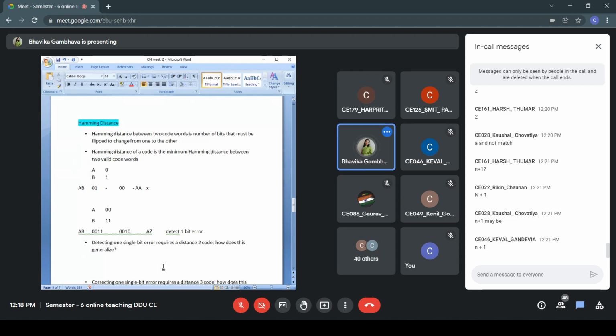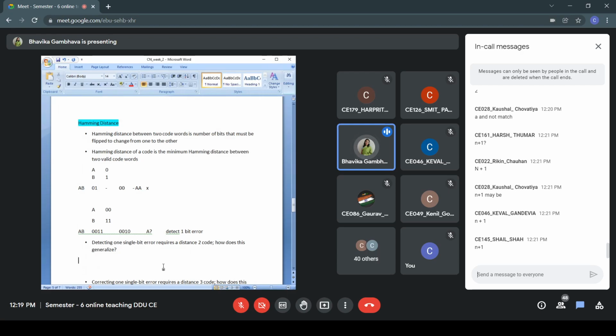N plus 1. If it is n plus 1, it should work. Even here, it is very simple logically. You want to detect up to n bit errors. That means even if your n bits change, this code should not be the same as the other code. That is what you are demanding. But they are different by n plus 1. So even if n bits are changing, the plus 1 bit, one extra bit, is making sure that this code is different from the other code. And hence you will be able to differentiate between them.